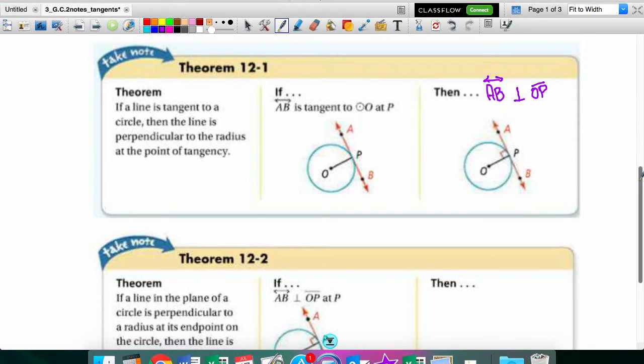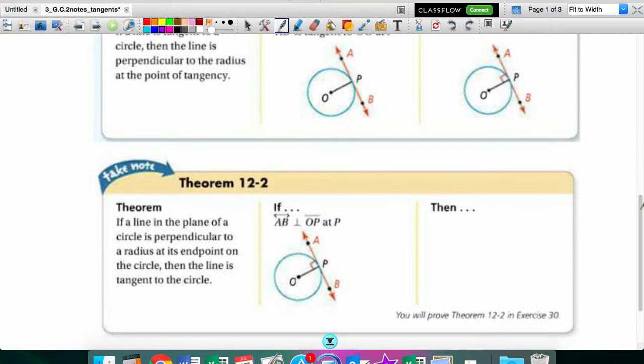Our next theorem seems like it says the same thing, but it's actually the opposite, the converse. If a line in the plane of a circle is perpendicular to a radius at its endpoint, then the line is tangent to the circle. So what they're saying here is that if you have a line which is perpendicular to the radius, then it's called the tangent line.